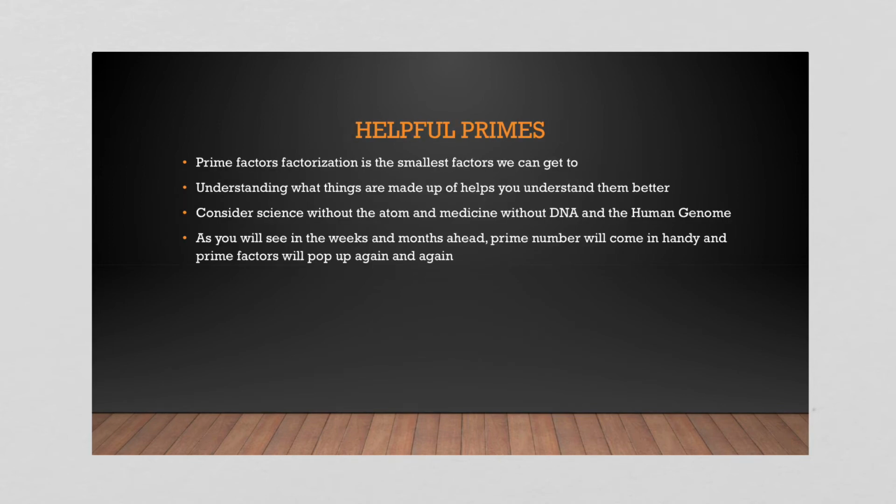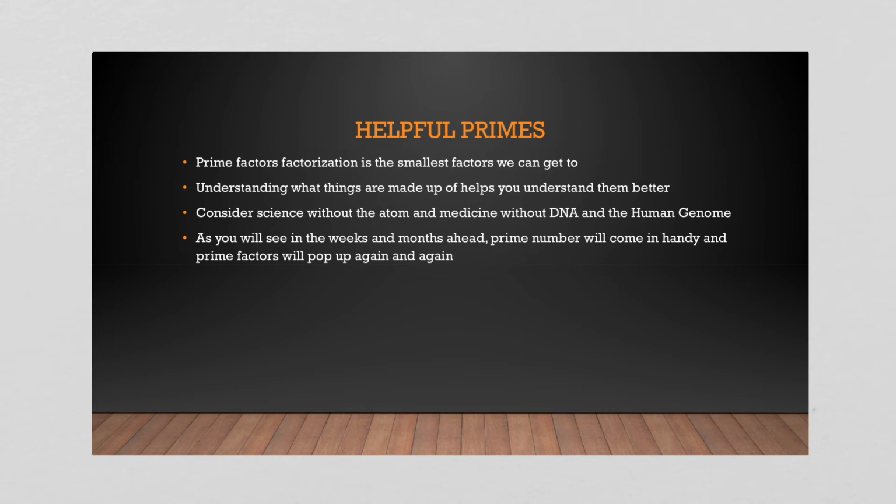Now, right before we jump into that, just a few little notes. Primes are incredibly helpful. They're the smallest factors you can break a number down to. And when things get to their smallest pieces, we can understand them better. And just a little nerd out here for you, consider studying science and chemistry without atoms.